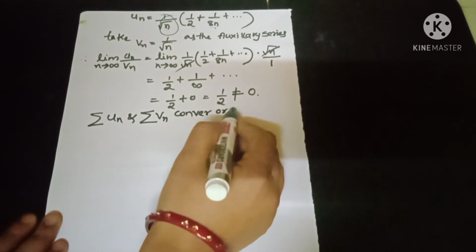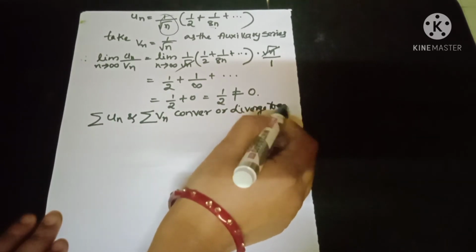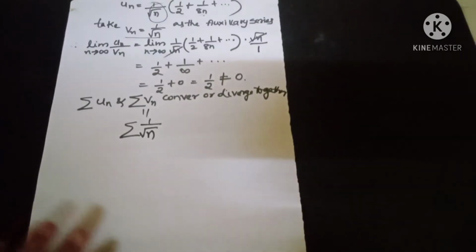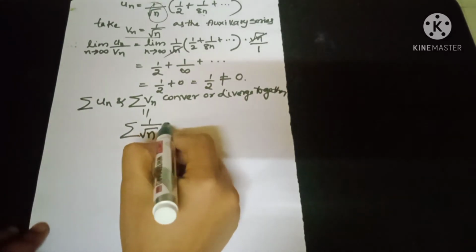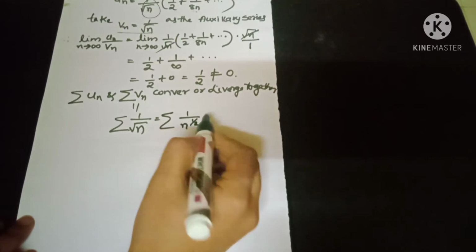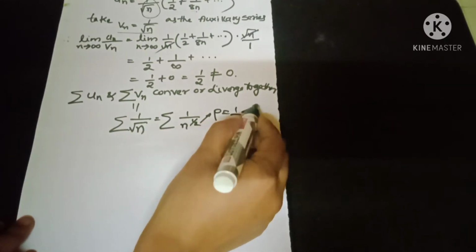Therefore, by the limit form, series un and series vn converge or diverge together. But what is the series Vn? Series Vn is 1 by root n. We have taken series Vn to be 1 upon root n. This we can write as 1 by n to the power of 1 by 2, and the p value 1 by 2 is less than 1.